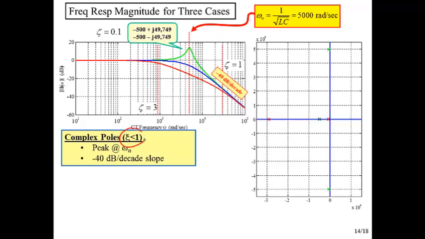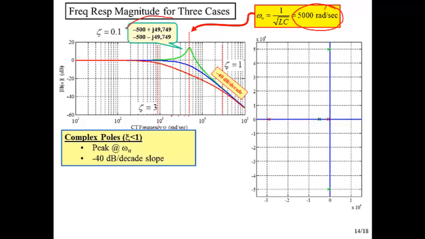Let's talk about complex poles first, with our damping factor zeta being less than 1. In this case, I've chosen my LC so that my omega sub n is 5,000 radians per second. And you'll notice that I've drawn a line here at 5,000, right? There's 1,000, 2,000, 3,000, 4,000, 5,000.